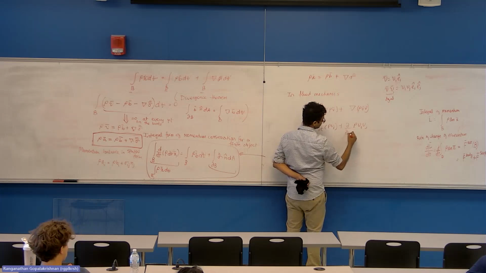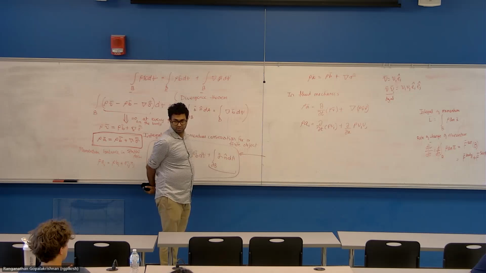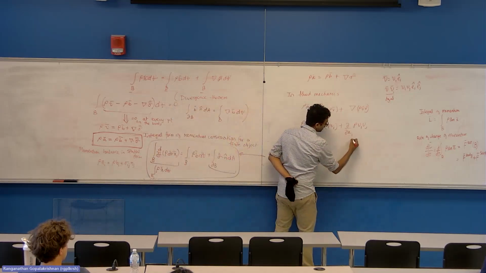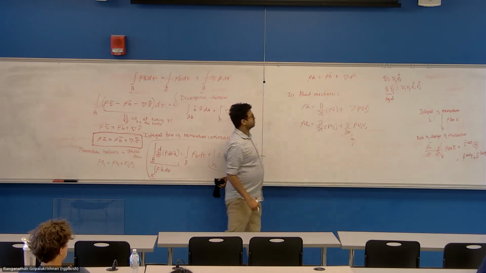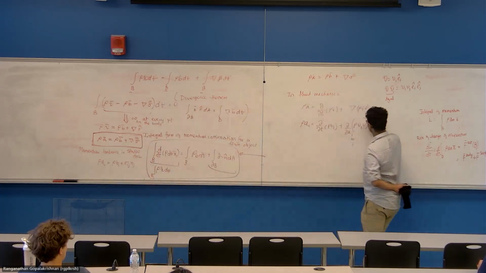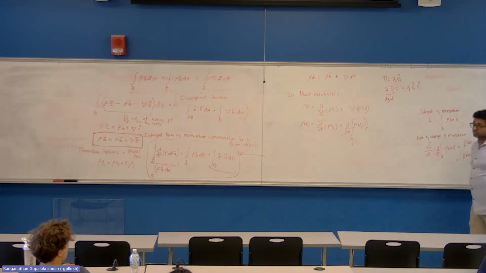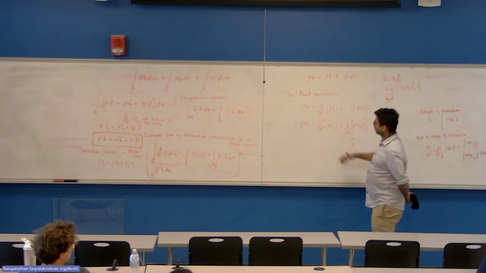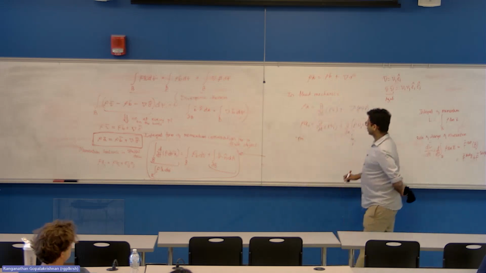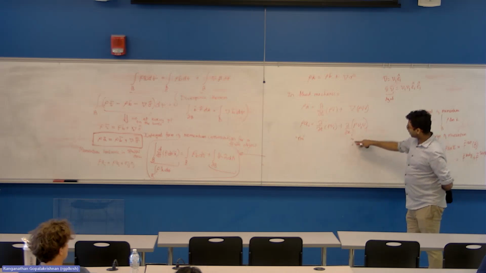What should I do here? Is it xi or xj? Should I put xi or xj?